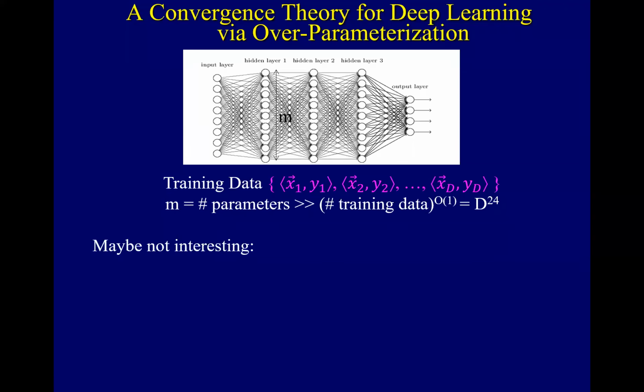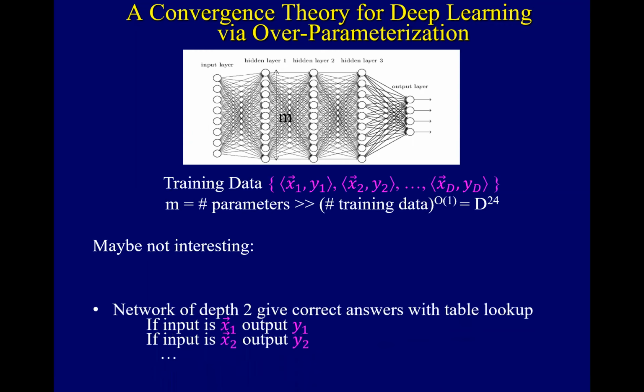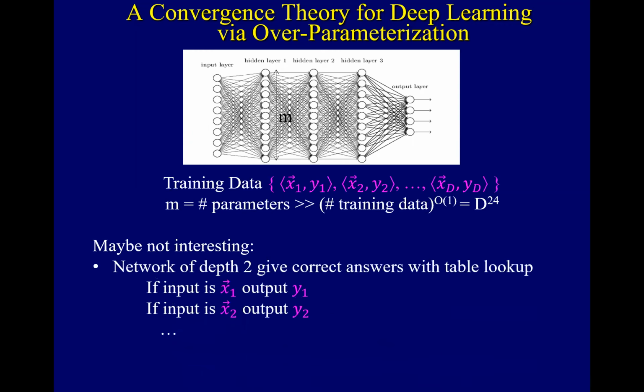And so then the question, is this paper interesting? Because if the number of parameters is just equal to the training data, then a depth-2 circuit can just do table lookup, right? And then you have the problem, well, if it overfits so well, does it generalize?